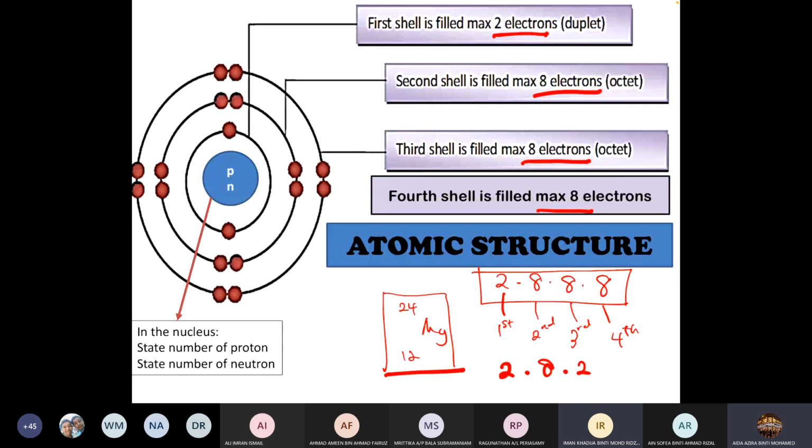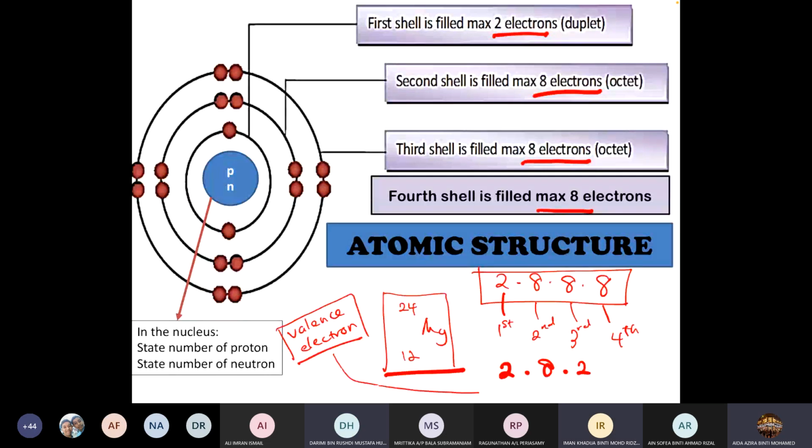Do you remember one term that I introduced before? I call it valence electron. What does valence electron mean? Who remembers? The electrons at the outermost. Correct, well done.